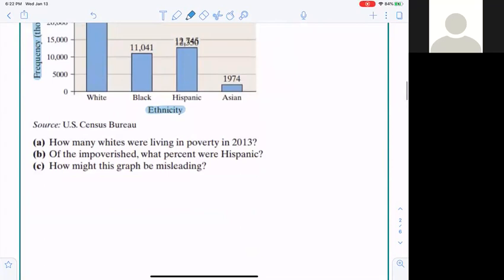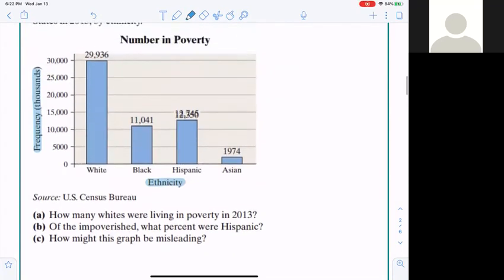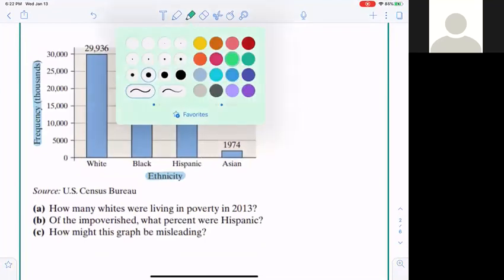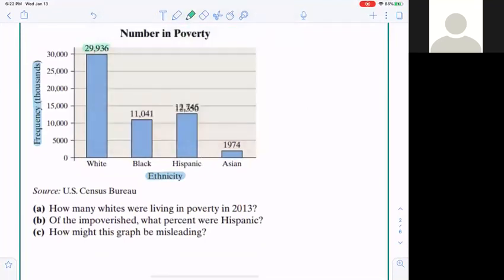So first, how many whites were living in poverty in 2013? So we have the frequency listed in the graph itself, and it is 29,936.